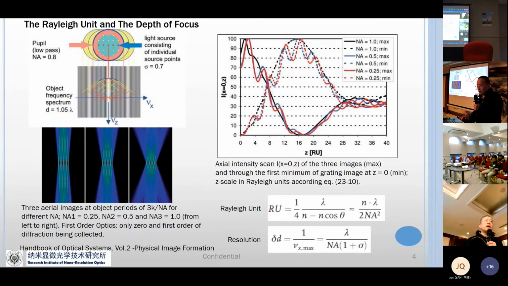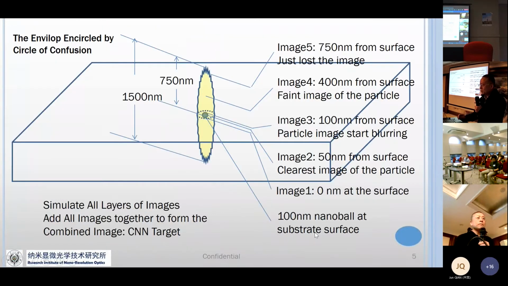But in fact, within this 16 Rayleigh units, only half of it, or even a quarter of it, is really available for transporting the real image from the objective plane, which is here, to the image plane, which is there, through the objectives, of course. So the depth of focus is something you can express somewhere here.